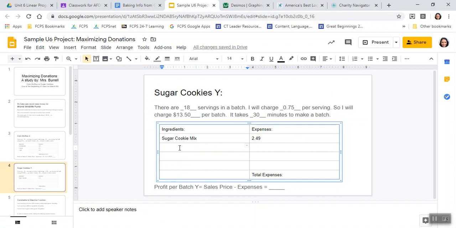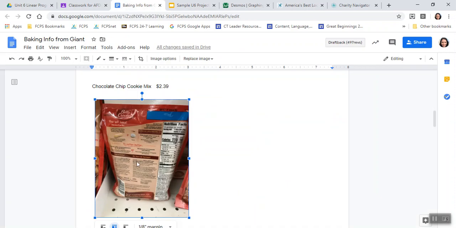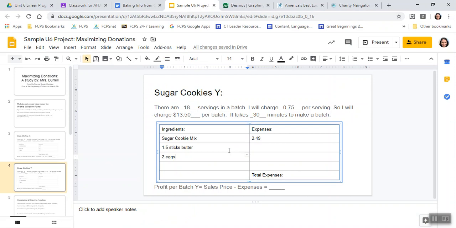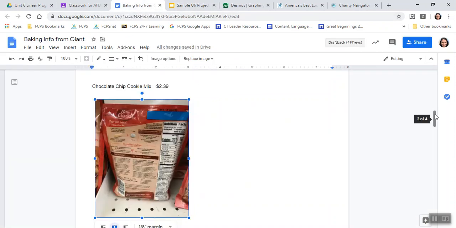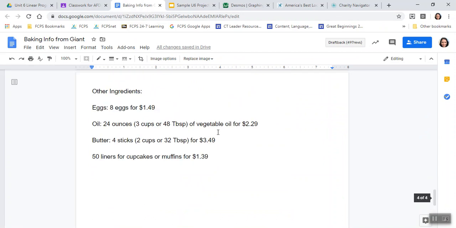So I'll say 1.5 sticks of butter, and I'm going to say 2 eggs. Remember, you're going to use the exact information from here, but mine was sugar cookies, not chocolate chip cookies. Alright, so for the butter, I need to scroll to the bottom. Okay, butter says 4 sticks are $3.49.